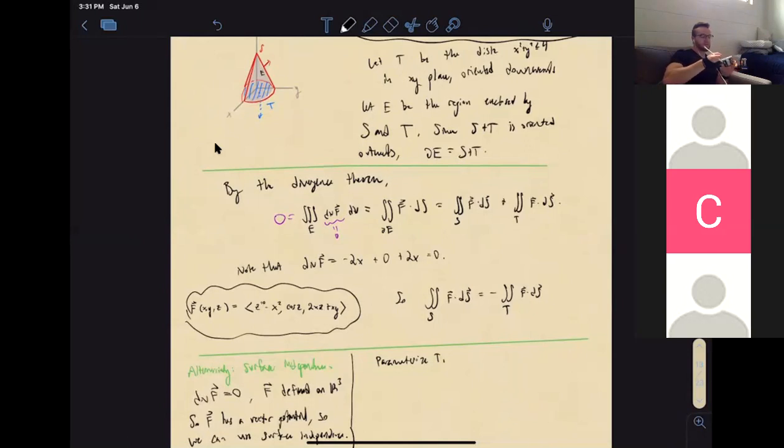That's correct. Oh yeah, you're right. It's not the unit disk, it's the disk of radius 2. Thanks.